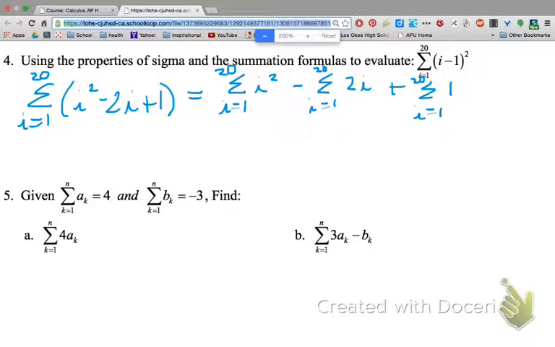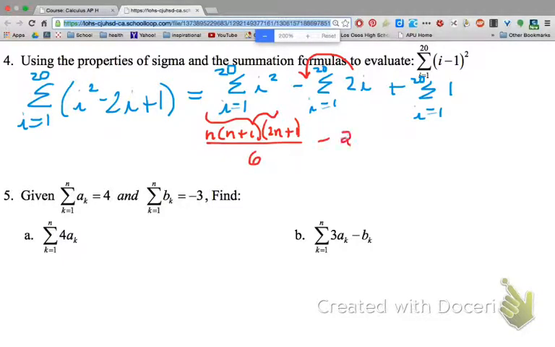Now, I do want to remember that on this one that has the coefficient in front of I, I can put that coefficient right in front. But I have a formula for this. The formula for I squared is n times n plus 1 times 2n plus 1 all over 6.